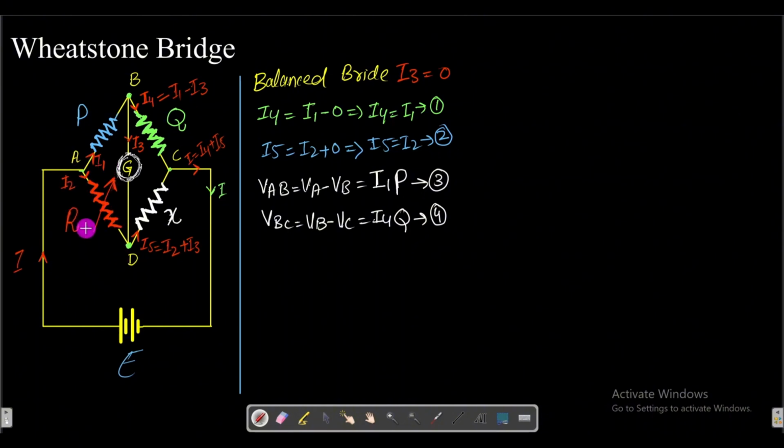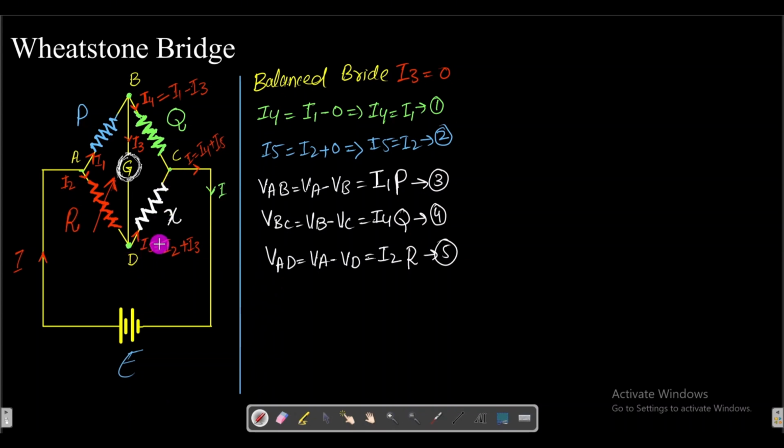Similarly, find the potential difference across this side. So here we have VAD, which is equal to VA minus VD, and according to Ohm's law this is equal to IR, where the current is I2 and the resistance is R. So this is equation 5.